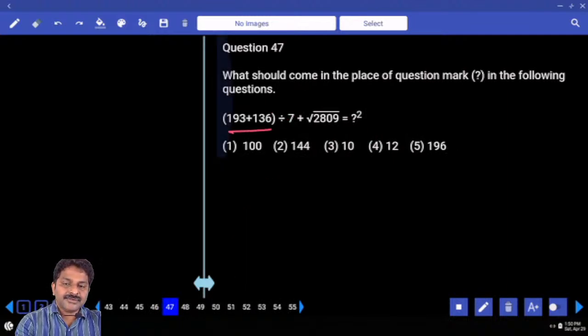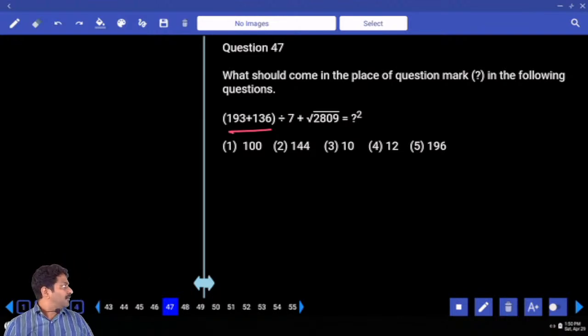Right. So now I think we can go with last digit verification. Right.